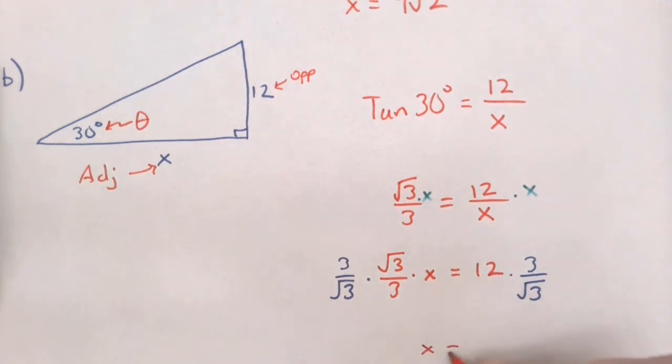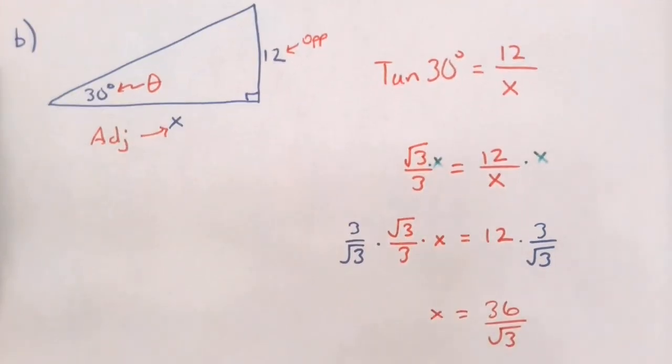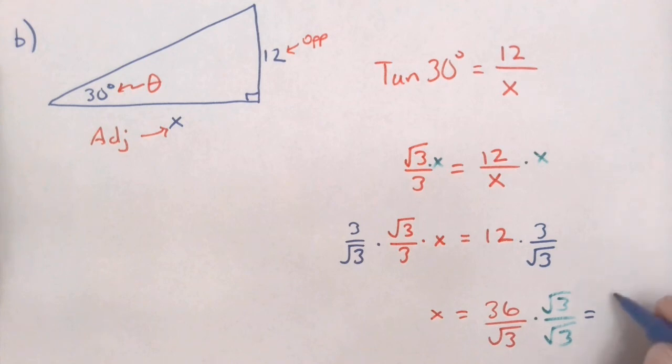And on the right side, we would have 12 times 3 on the top and a square root of 3 on the bottom. That's decent, but it's not rationalized. So I should multiply the top and the bottom by the square root of 3 to rationalize that fraction. That's going to give me 36 times the square root of 3 over 3.